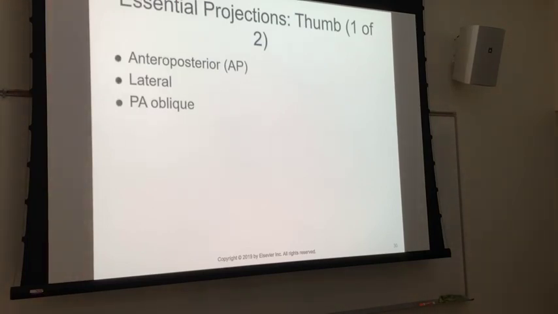Okay? So AP. However, you got to get the patient into AP. That's the only digit we're routinely going to do AP. Lateral, just bend the fingers up a little bit to get the thumb into lateral. And with the hand prone, then you're in a natural oblique position for the thumb.